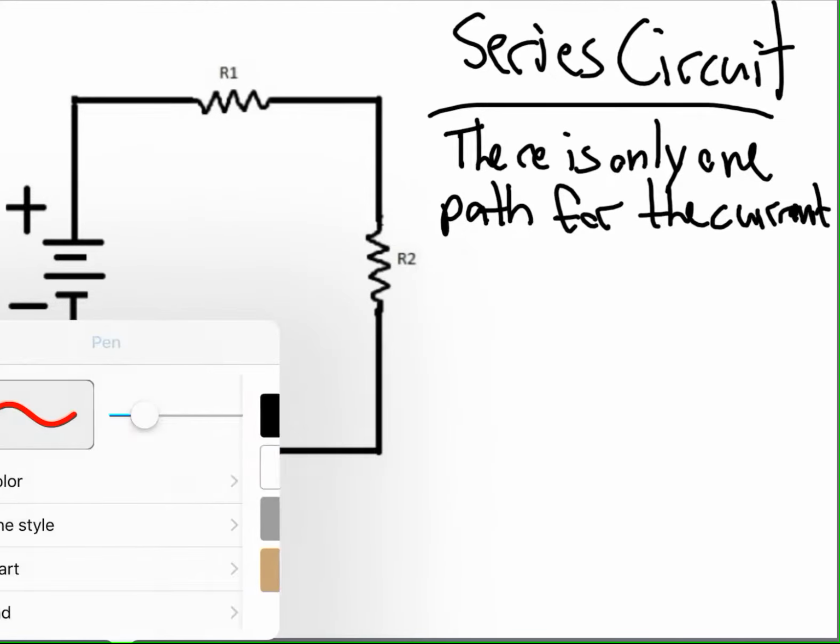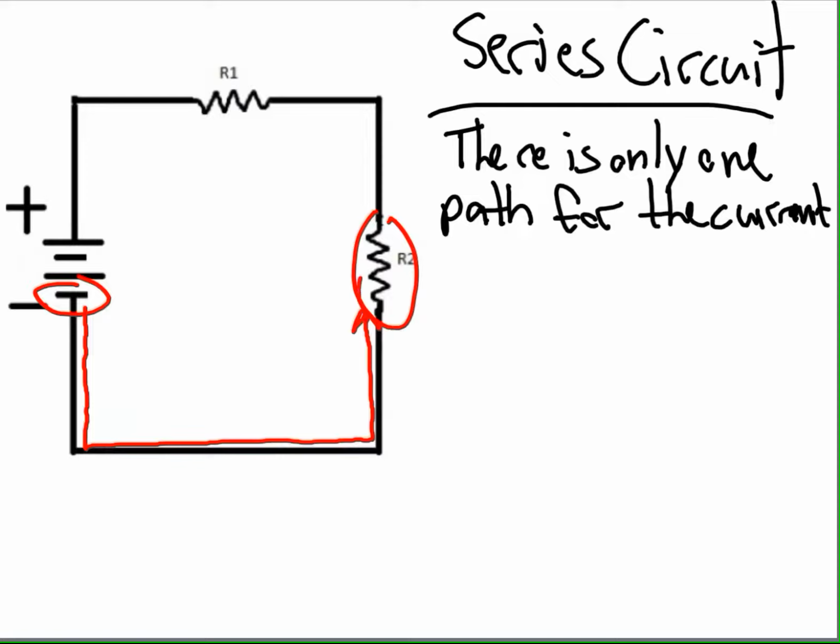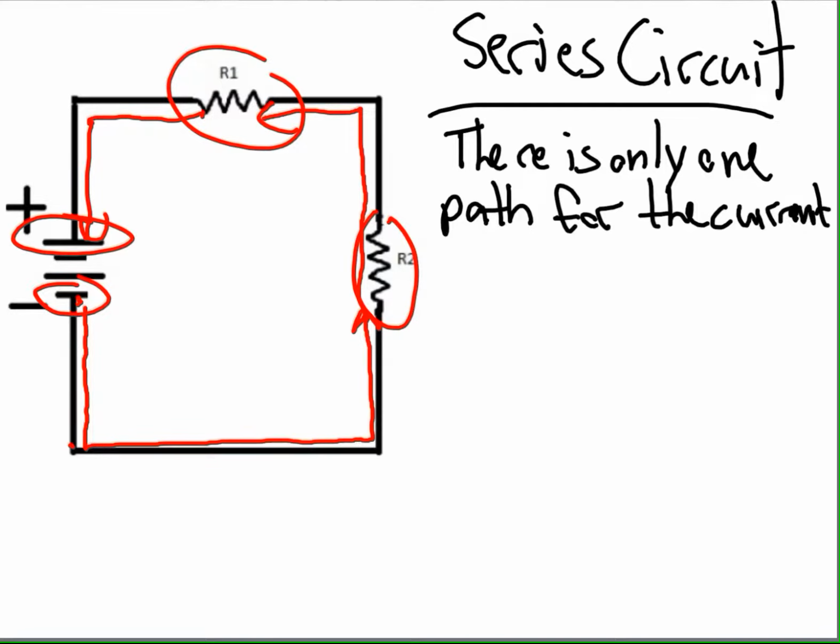Let me get a different color just to show it. The electrons come out here, right? They want to flow. They come here, here, here. They have to go over this one, R2. They have to go over this one, R1, and then here. So there's only one loop, one path. This is like a one-way street. Any current that comes out here has no choice but to continue to loop and to go here. That's going to come in handy later, okay?